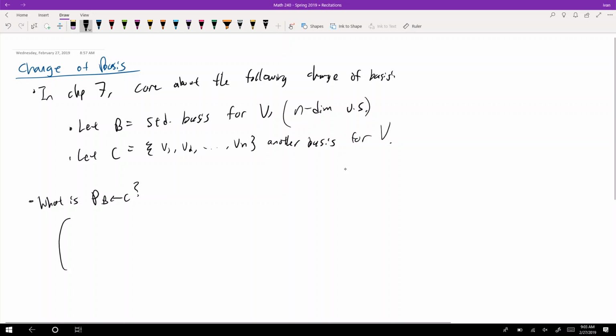Set up your augmented matrix. C is on the left-hand side, B is on the right-hand side. But what goes in the columns of the B matrix? Just your standard basis.